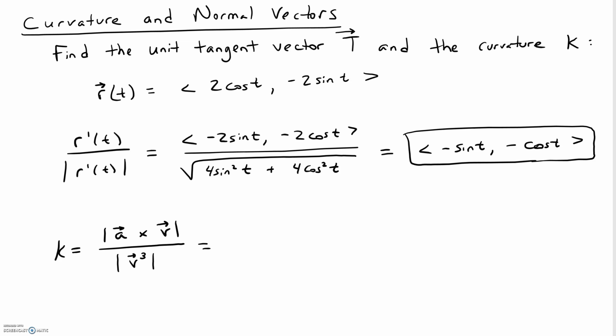All right, so if we're going A cross V, we'll need to take the first derivative to get the velocity. We've done that up above. And then we need to take the derivative of that one more time.